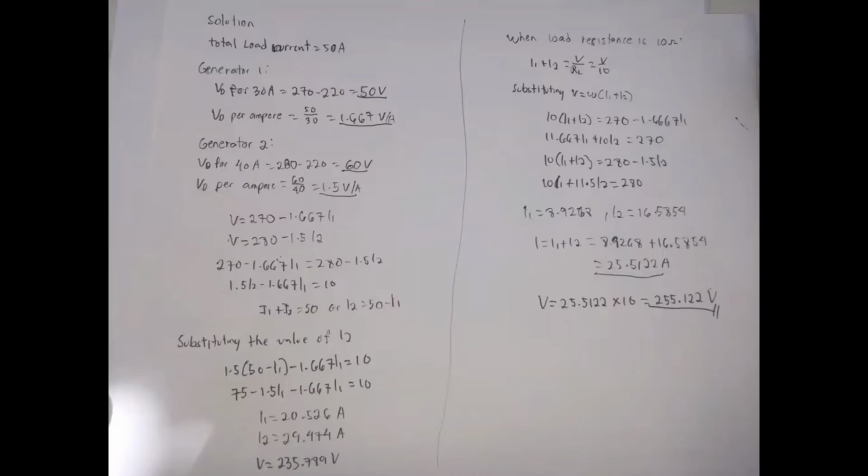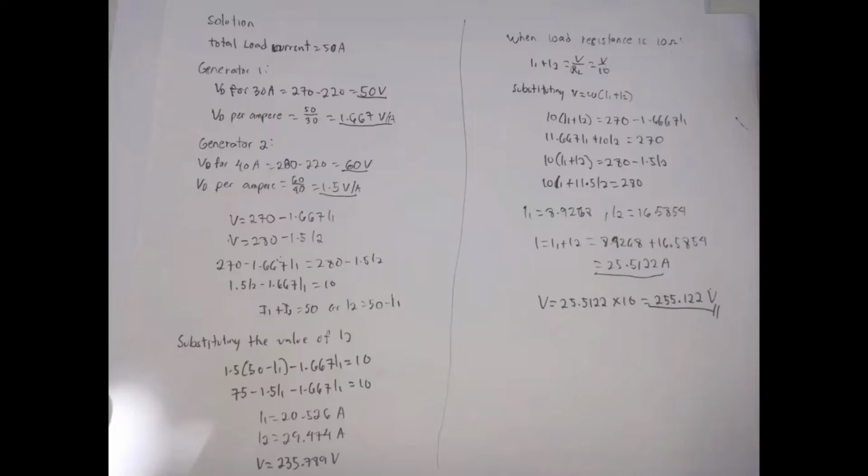Then voltage drop per ampere is equal to 50 over 30, which is 1.667 ohms. Next, generator 2. Voltage drop for 40 ampere is equal to 280 minus 220, which is 60 volts. So voltage drop per ampere is equal to 60 over 40, which is 1.5 ohms.